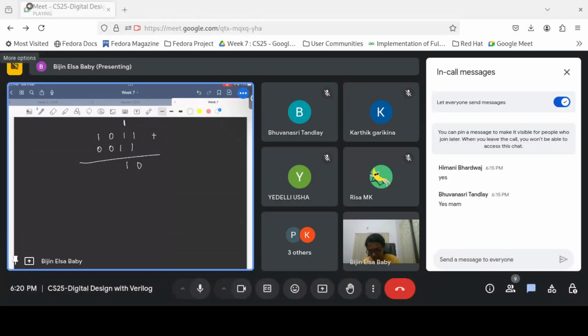And here also you will have a carry 1. So here you are adding 3 bits: the inputs and the input carry. So this carry is produced by the previous one. For this addition, you are taking the carry from the previous one.